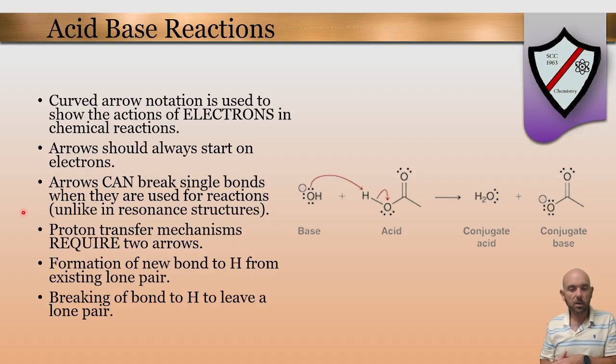The 2 arrows that are going to be used for every proton transfer are the formation of a new bond to the H plus from an existing lone pair, and then the breaking of a bond to H. So we're always going to break a single bond, in fact, in a proton transfer, to leave the lone pair on that atom.